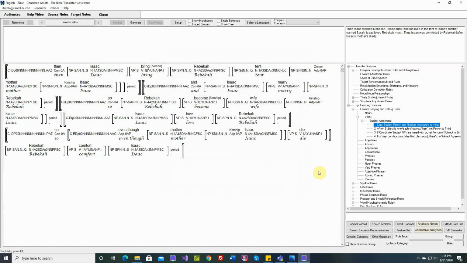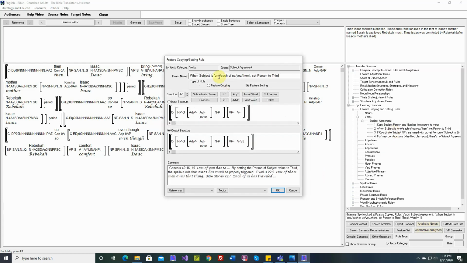Now sometimes we need to override the agreement rules. For example, if the subject is one of us, we don't want first plural. The subject will be us, but we're saying one of us. That's first plural. But for one of us, we actually want third singular.